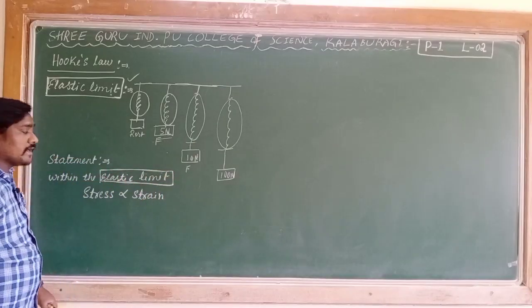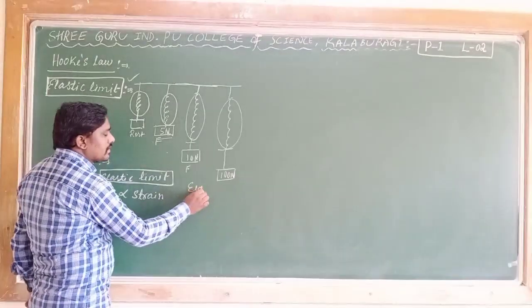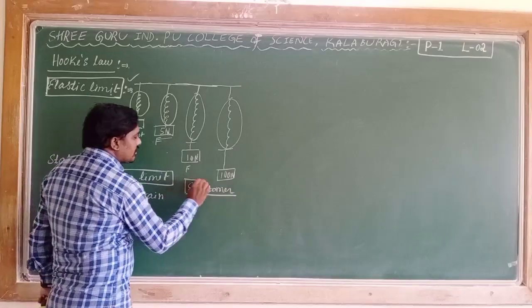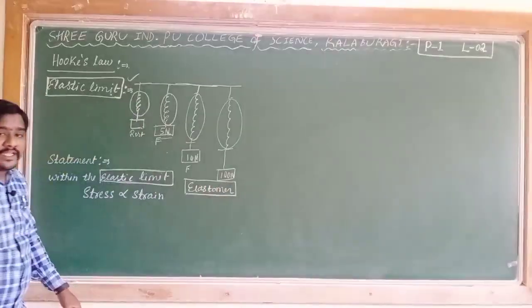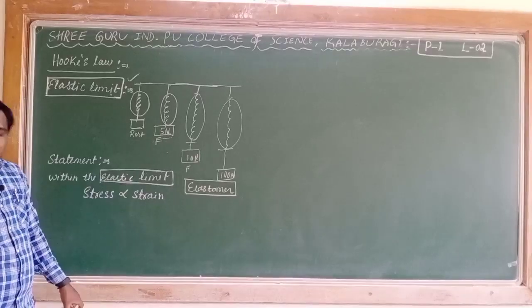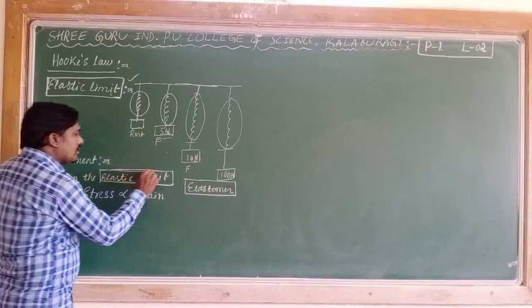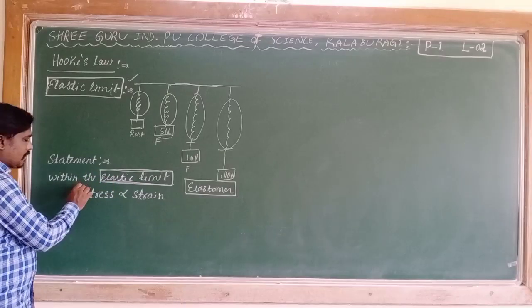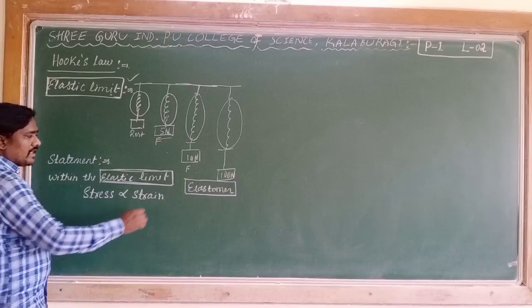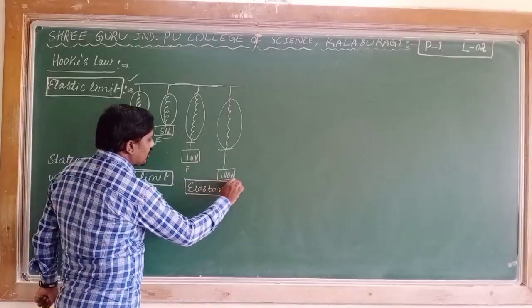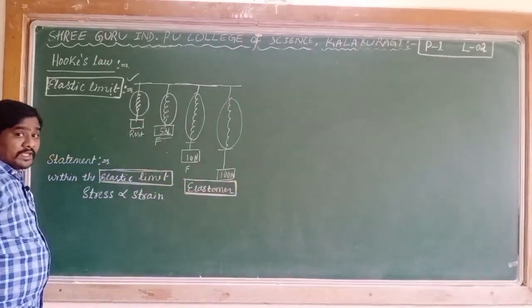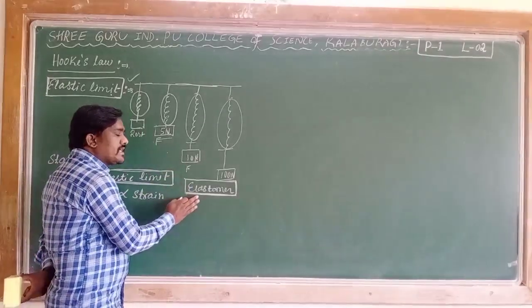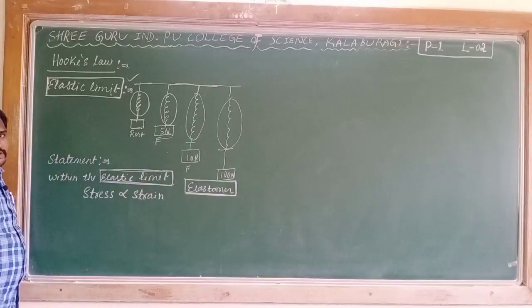Those types of material we call elastomers. Even though these materials initially have elastic property, according to Hooke's law, within the elastic limit the stress is directly proportional to strain, but elastomers do not obey Hooke's law. Even though these materials are elastic in nature, they do not obey Hooke's law.